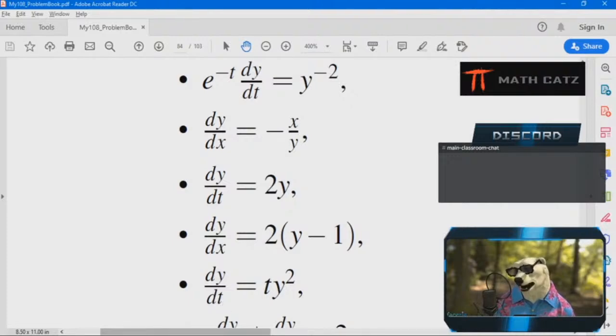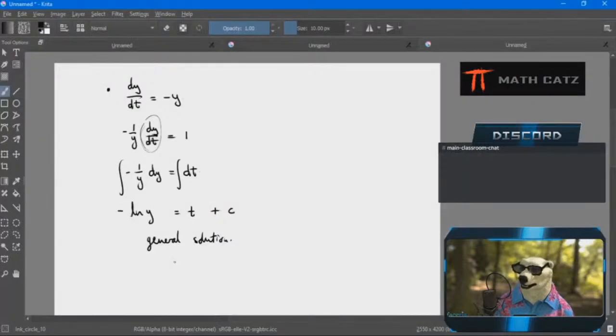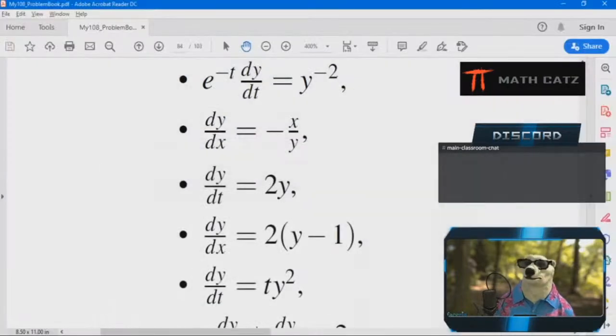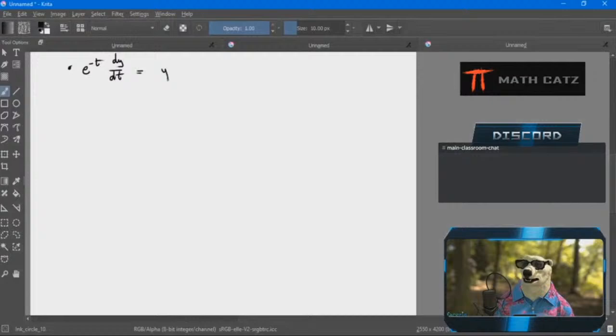It looks a little bit more interesting, though we'll soon see that in the end, the separation of variables method is very similar every time. e to the negative t dy/dt, and what's next? y to the negative 2.